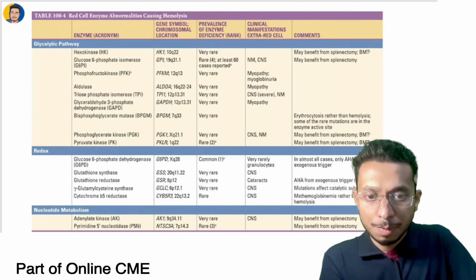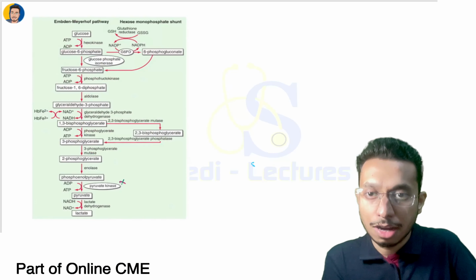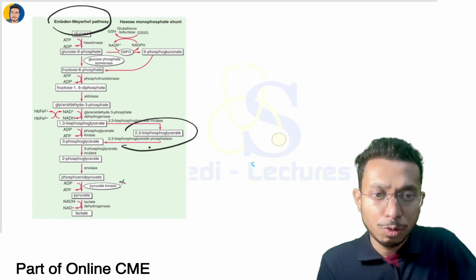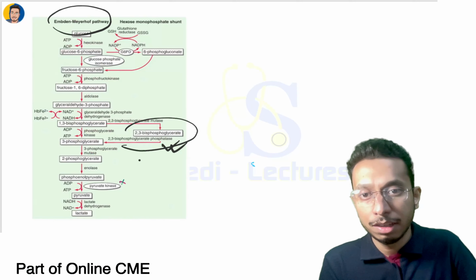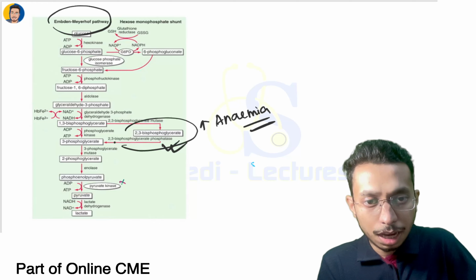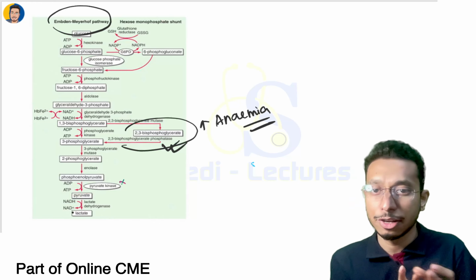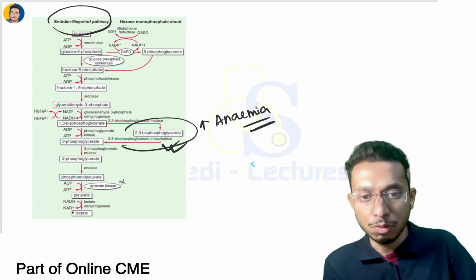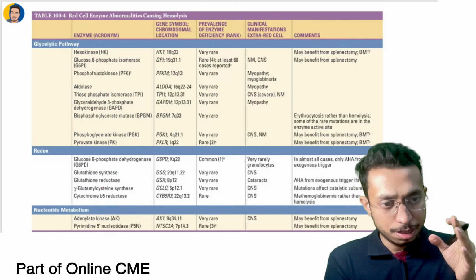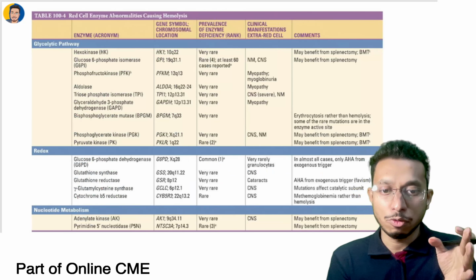So, remember we have discussed this chart also, that is the anaerobic glycolysis part. Here 2,3-BPG increases in response to anemia and helps in the supply of energy requirement for the red blood cell. Therefore, when there are such enzyme defects, 2,3-BPG rises and the anemia is well tolerated.